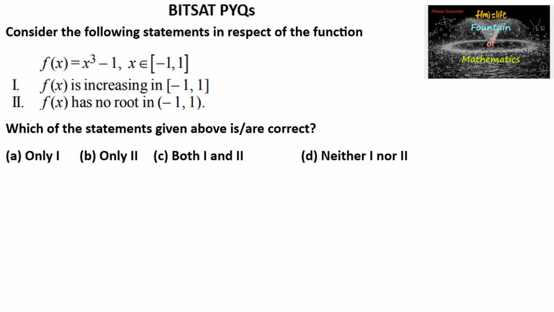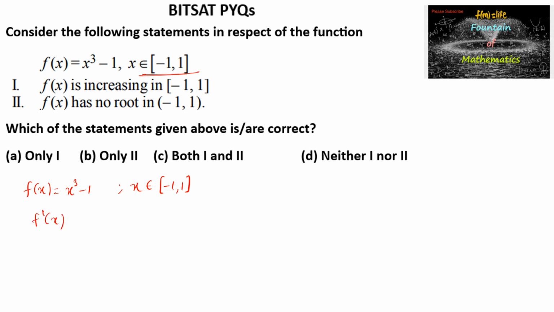Given that function f of x is equal to x to the power of 3 minus 1 for x belongs to minus 1 comma 1. So we need to identify whether this function is increasing and it has a root in minus 1 to 1. So let's differentiate.